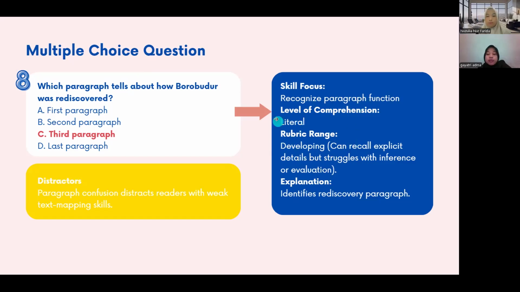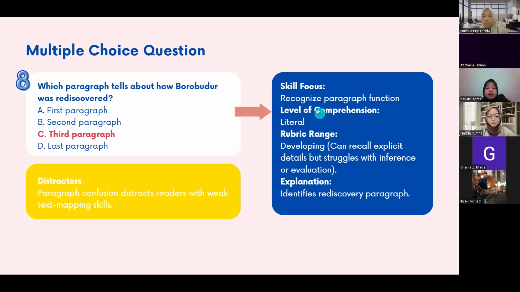And based on the rubric, when the students can answer this one, they are at the developing level. They not only know the literal meaning from the text, but also can recall explicit details of the text.